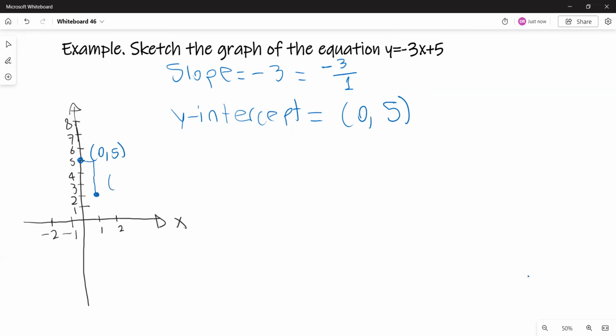So another point is (1, 2). We can do another one, run 1 unit, fall 3 units. Another point can be (2, -1). Or we can go 1 unit back and rise 3 units. So that's (-1, 8). Did you get the idea?